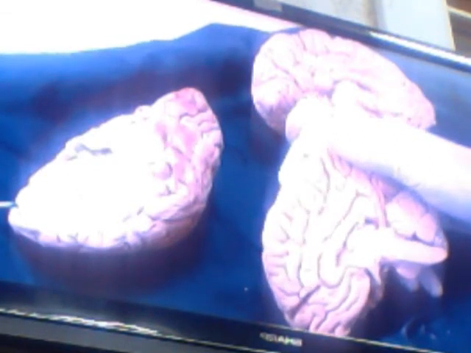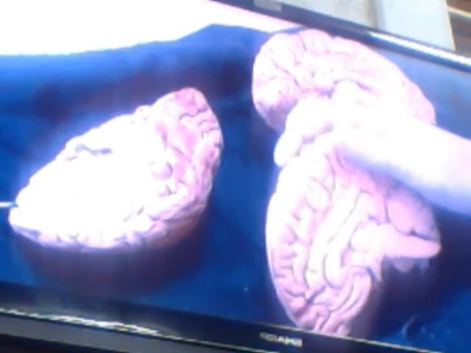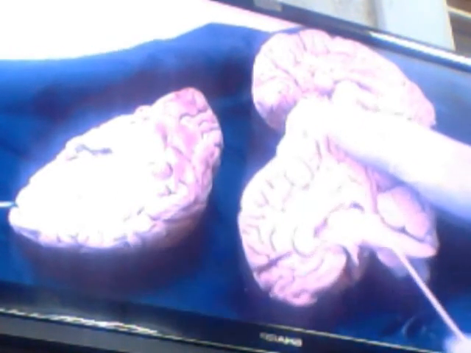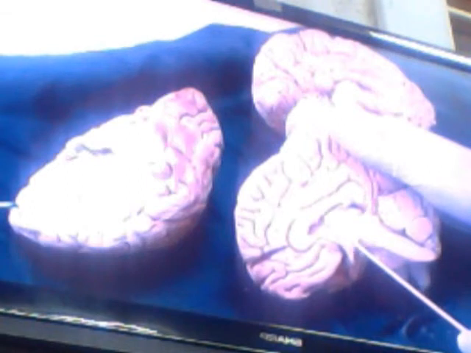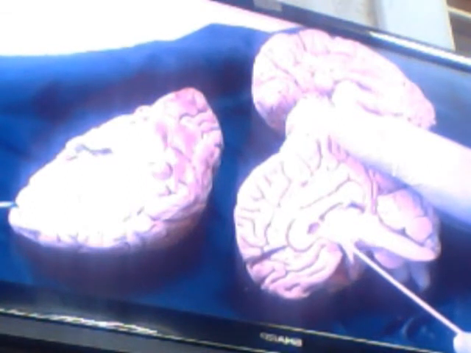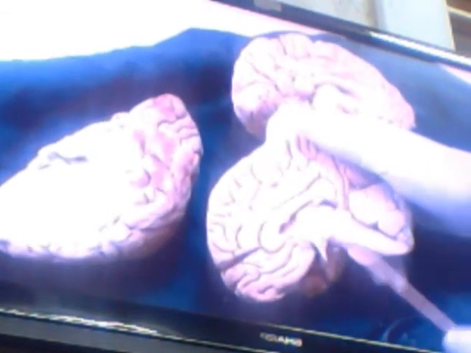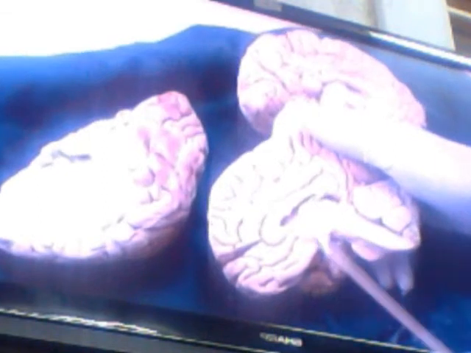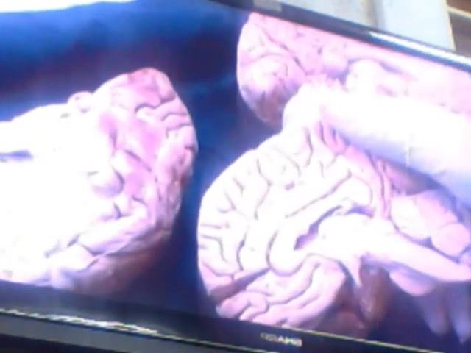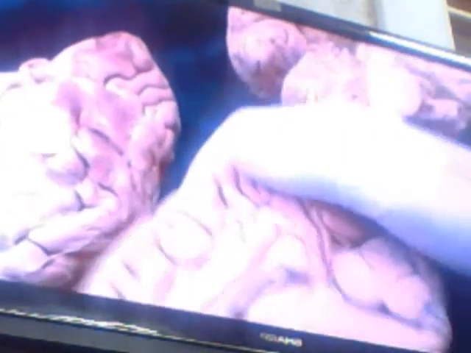Alright. Now, if you were to cut through the corpus callosum, immediately underneath it, in the midline, you'll be coming on the third ventricle. But let me see.